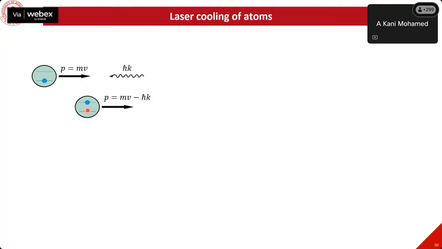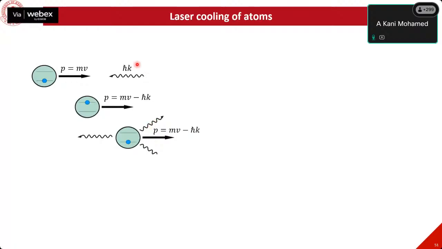But the atom will not stay in the excited state itself. Eventually it will decay and radiate that absorbed photon spontaneously, but that direction is random. So on average, it is not going to gain or lose any momentum because of the radiation taking place in all directions.